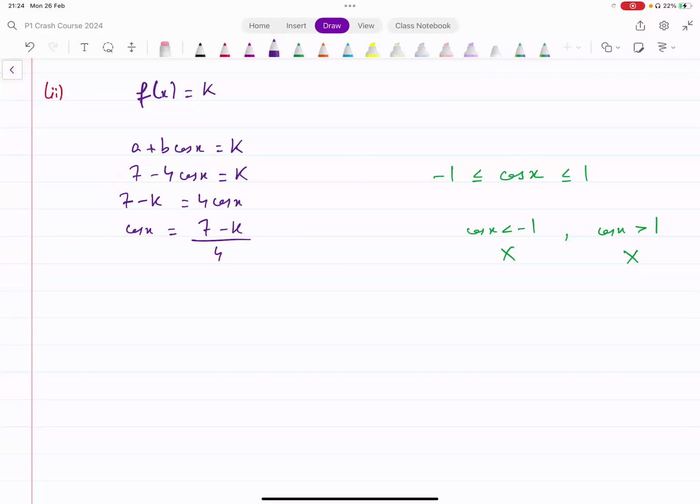You would not have any solution if either cos of x is less than minus 1 or cos of x is greater than 1. That means either 7 minus k over 4 is less than minus 1 or 7 minus k over 4 is greater than 1.